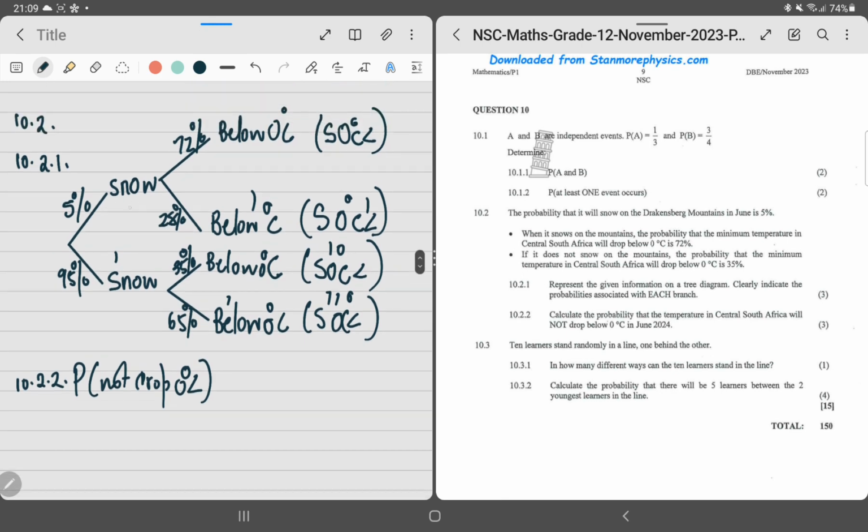So we know that the probability that it will snow but the temperature will not drop must be 5% multiplied by 28%, plus the other probability that it will not drop below 0, which should be 95% multiplied by 65%. So I'm getting 0.6315.